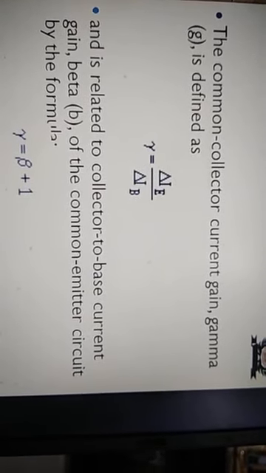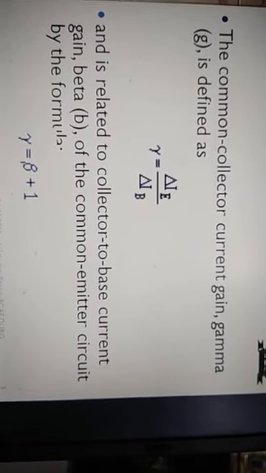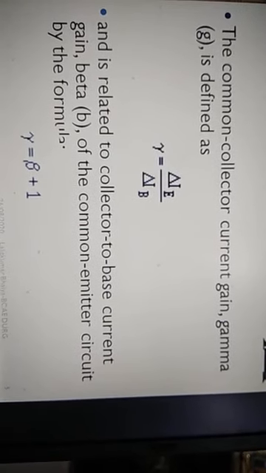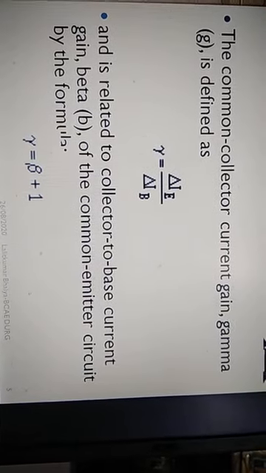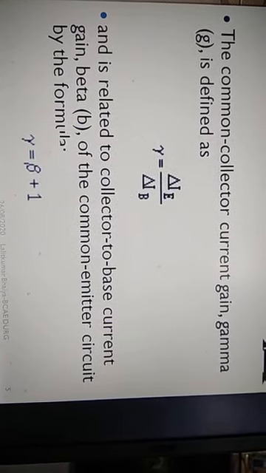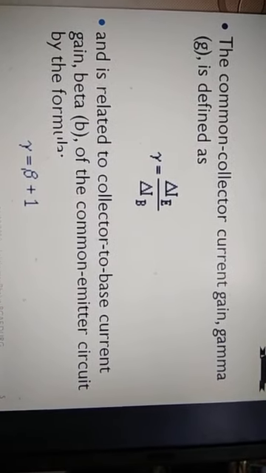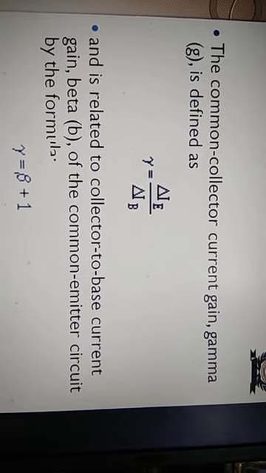Beta is the current gain in case of the common emitter. And gamma is the current gain in case of this common collector. That is output current upon input current. Delta IE is the output current upon delta IB is the input current.